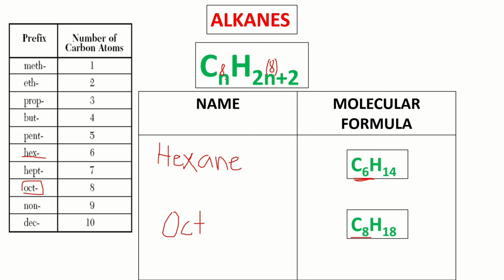If it is not, this is not an alkane. So 8 times 2 is 16, plus 2 is 18. So we have the same number of hydrogen atoms. Therefore, this is an alkane.